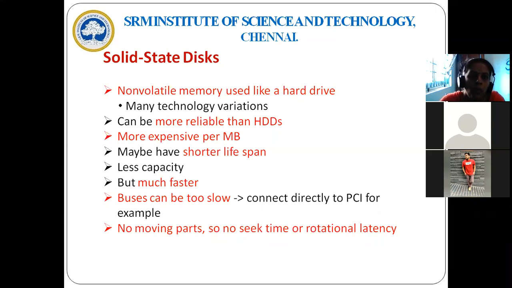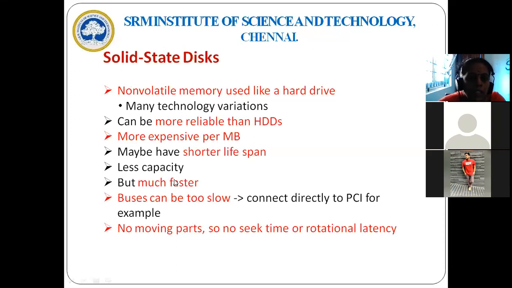So here it is more reliable than hard disk drives, and it is more expensive per megabyte. That is to store our data, because of the shorter lifespan, and the capacity is also lesser. But it is much faster.